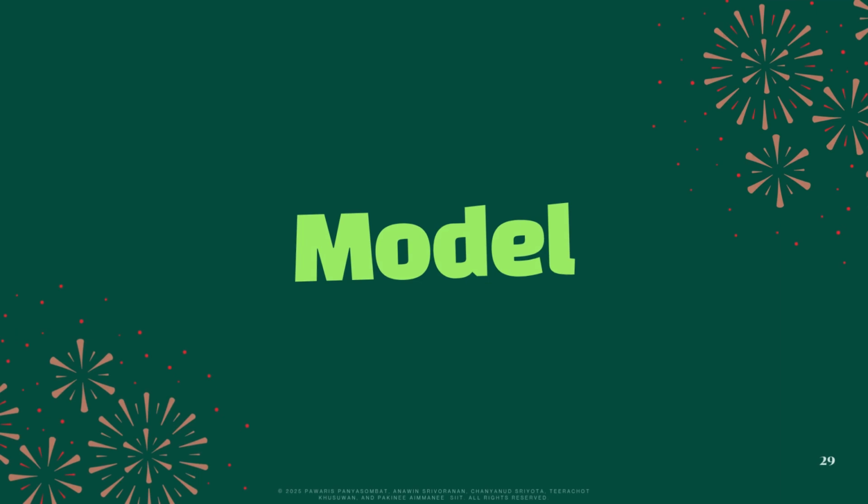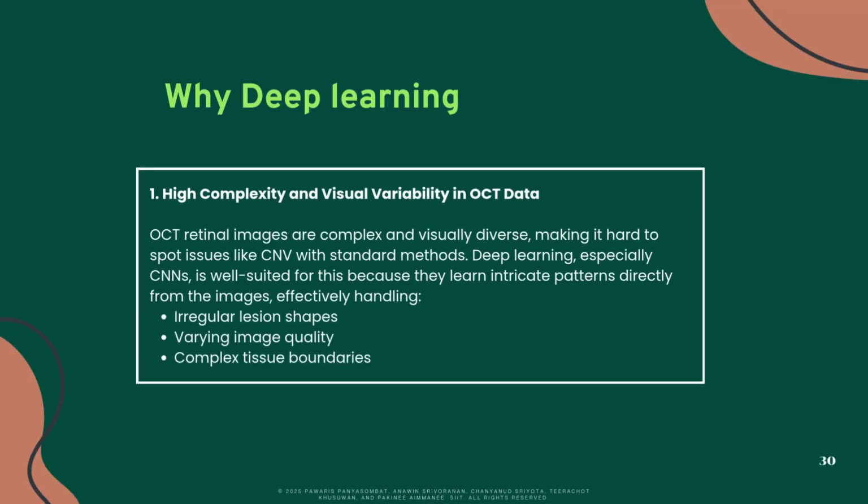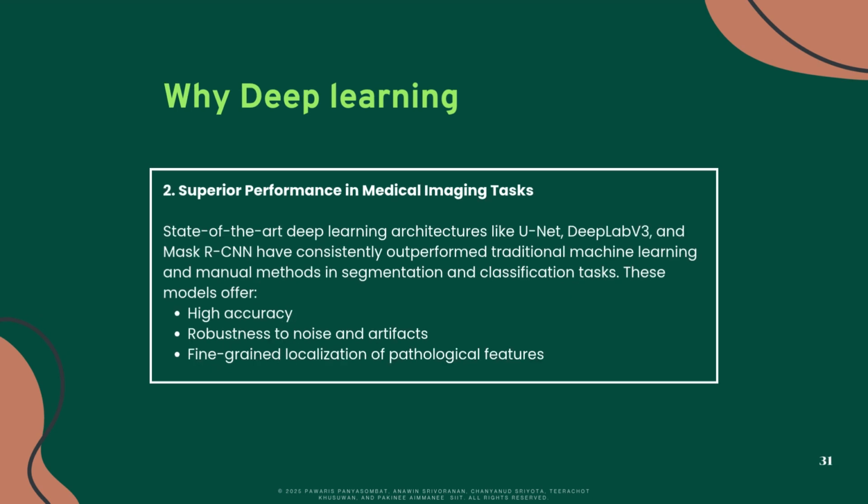Moving on to models. We go with deep learning since OCT pictures have high complexity and visual variability. Some are long, some are noisy, some have irregular CNV shapes. Traditional ML wouldn't work, so we want to go deep, so deep learning, with superior performance in imaging tasks.